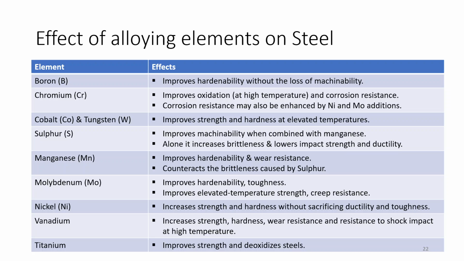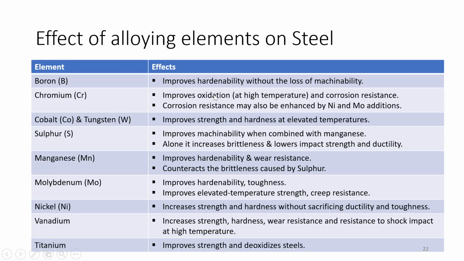Now these are some of the roles of various elements that you add into steel, the effect of alloying elements. First is boron. Boron is added to improve hardenability. If you add boron, your material will easily transform into martensite, so it improves hardenability without loss of machinability.